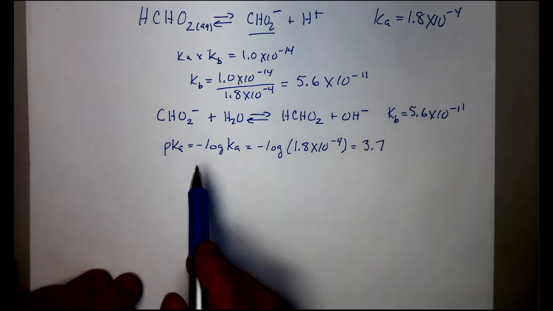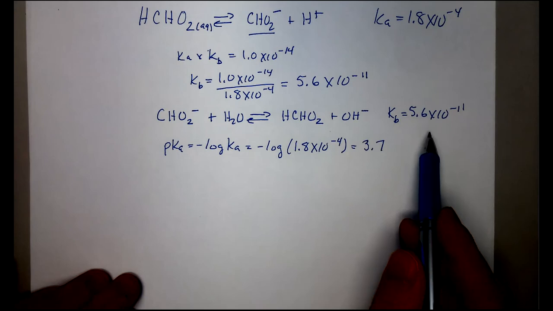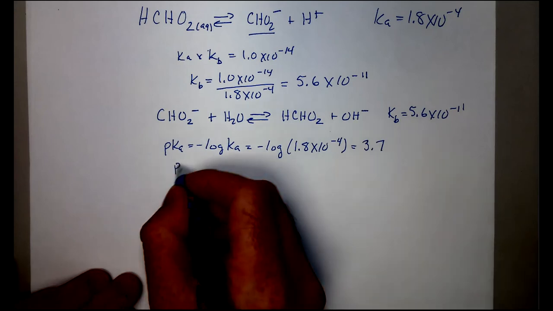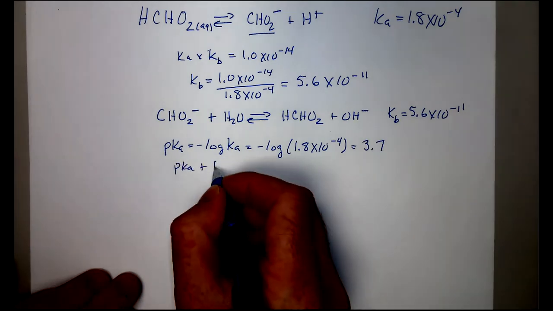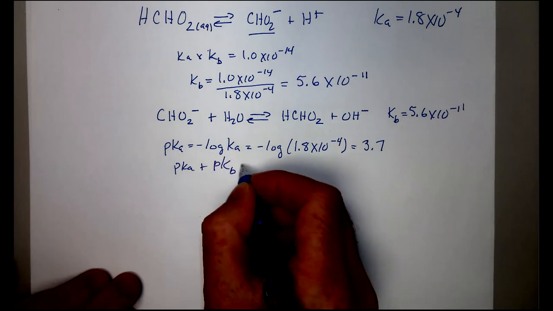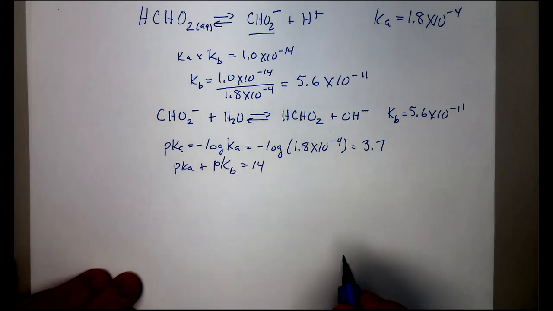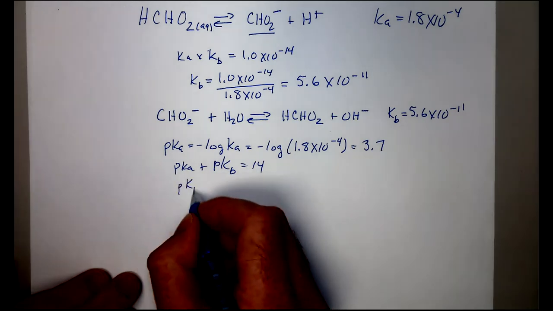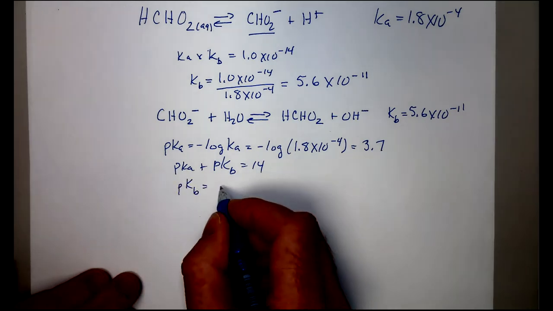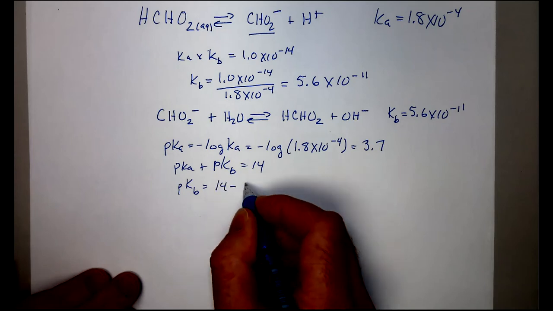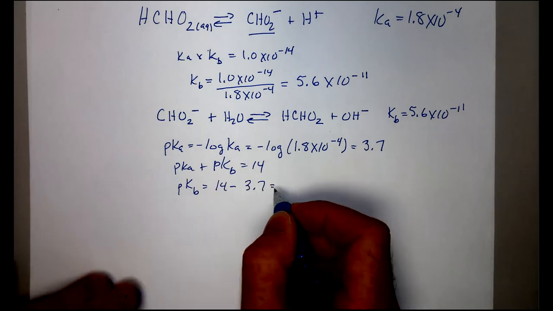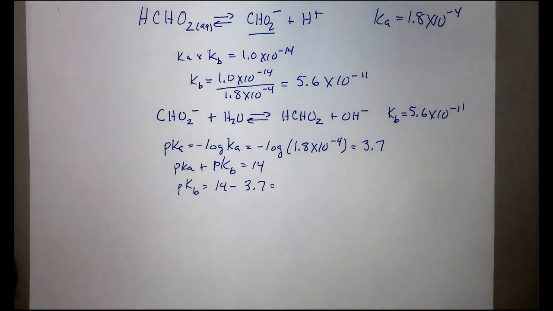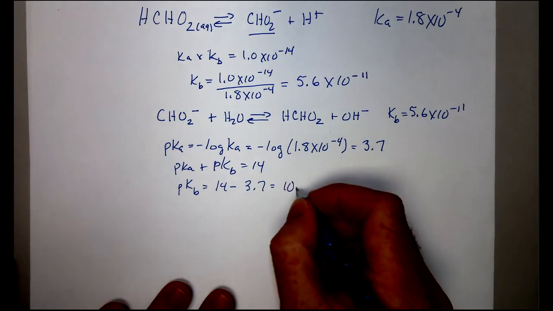Now I could do a very similar calculation since I calculated the Kb, or we could use the pKa plus the pKb equals 14. Since we haven't used this equation yet, I'll go this route. So the pKb is going to equal 14 minus 3.7. And we'll call that 10.3.